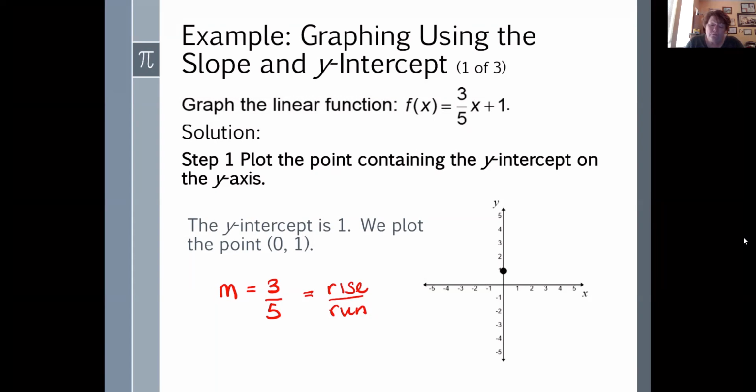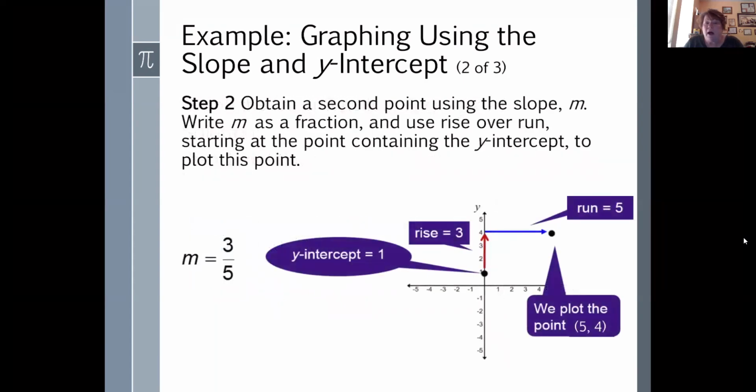All right? So since the rise over run is 3/5, from our y-intercept 1, we're going to go 3 units up. 1, 2, 3.